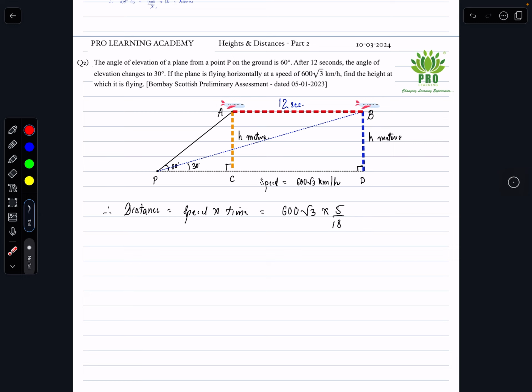So the easier way is 5 over 18. So we had speed, which we converted into meters per second, and we multiply with the time, which is 12 seconds. So here we look for cancellations.